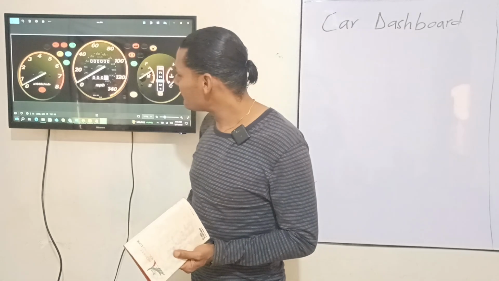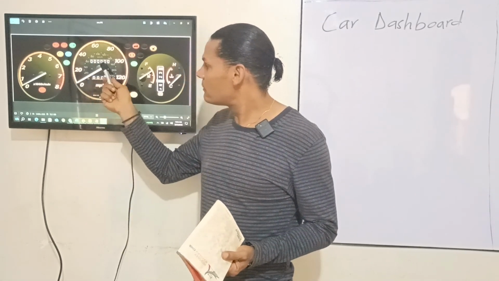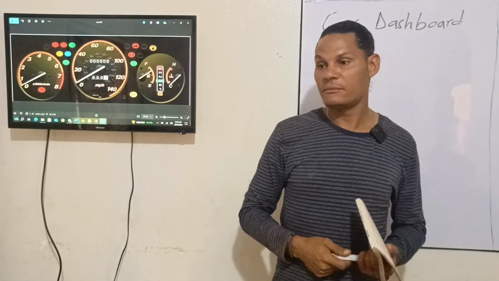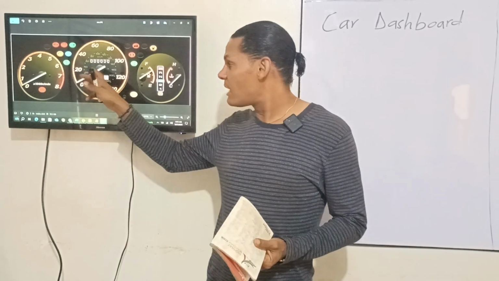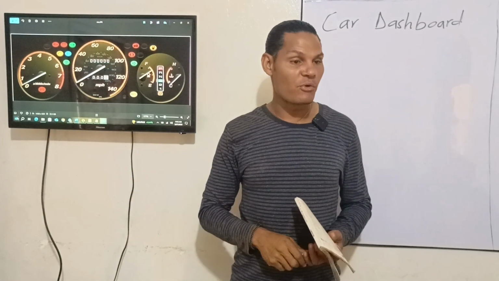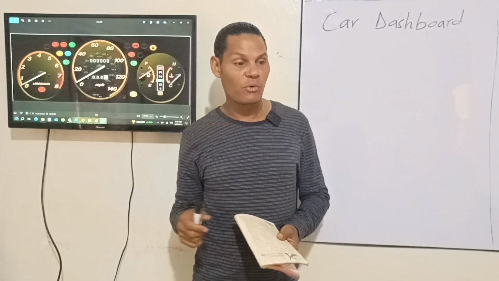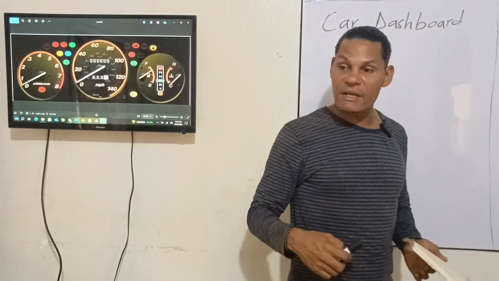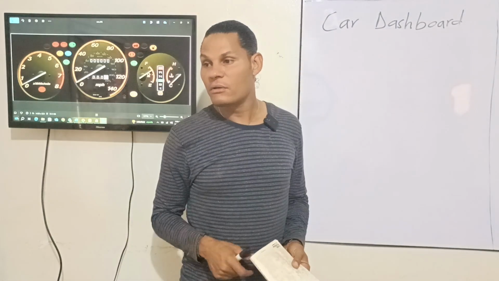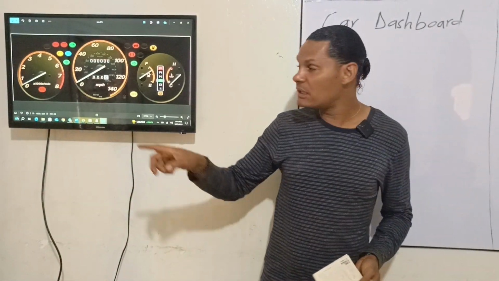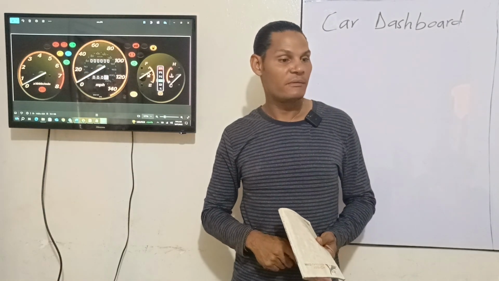Then we have our odometer. Here it's at 0, 0. You will never find a car at 0, 0 though, because from the time they fabricate the car, they must do a test run, and that test run is included in the mileage, right?